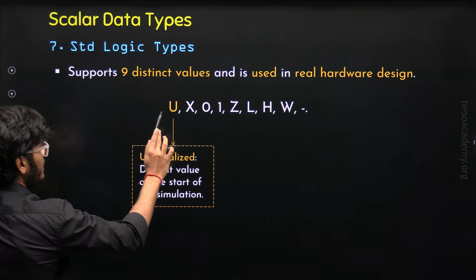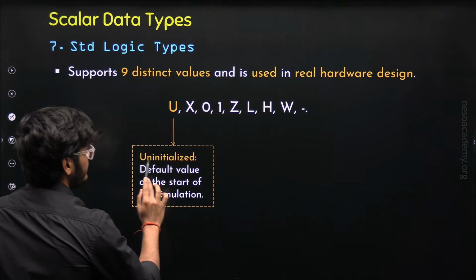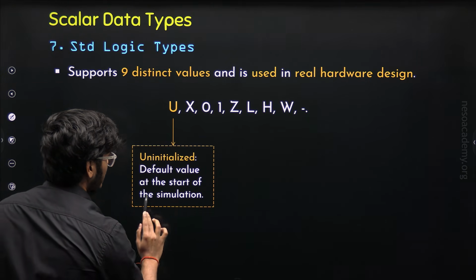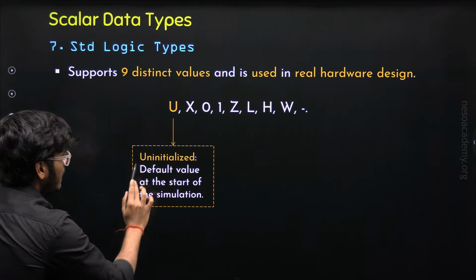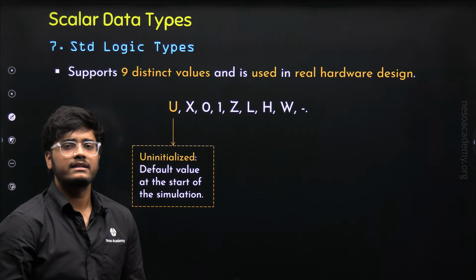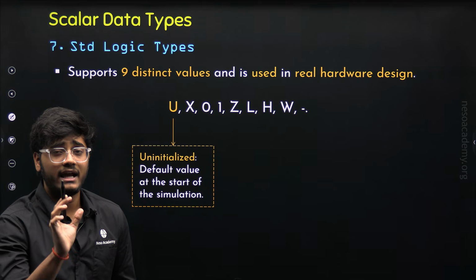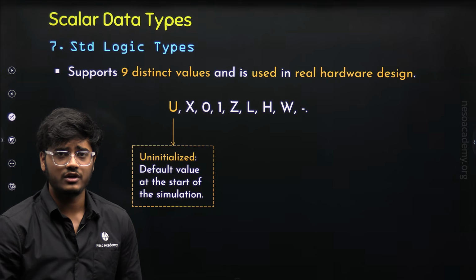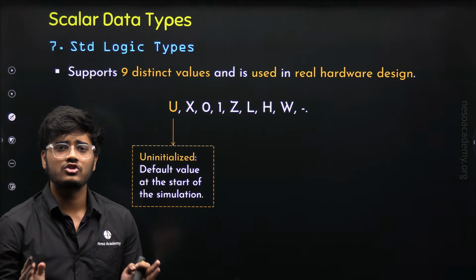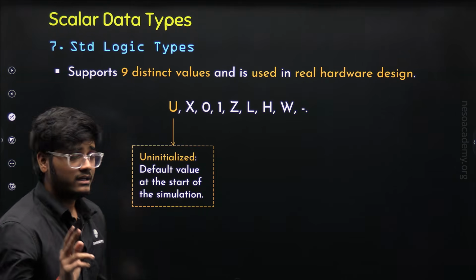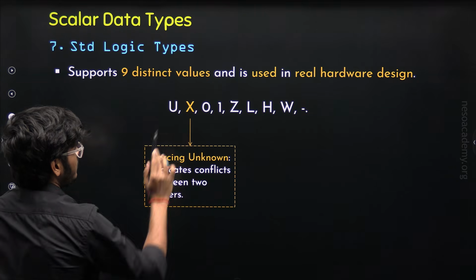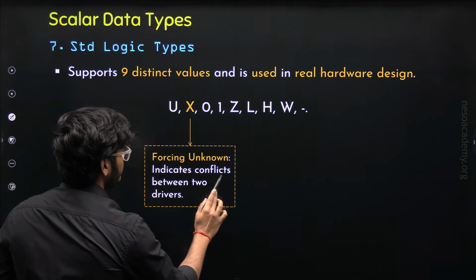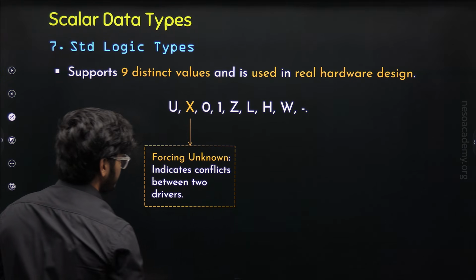The very first, U, means uninitialized. Default value at the start of the simulation. Uninitialized means signal has not been assigned any value yet. It represents the start of the simulation where VHDL does not know the value. Next, X, which is forcing unknown, indicates conflicts between two drivers.